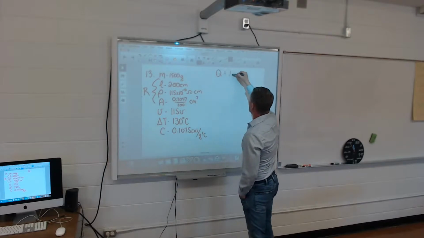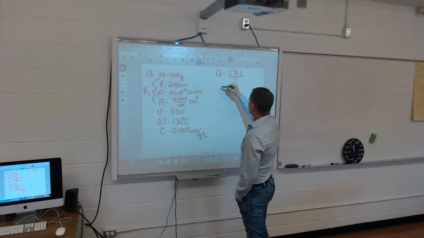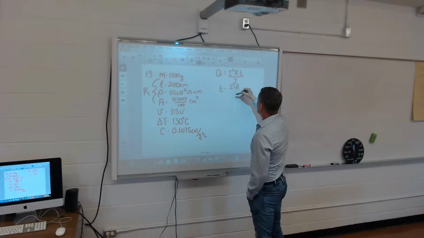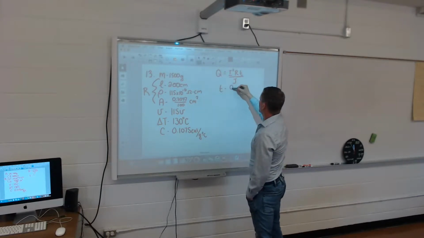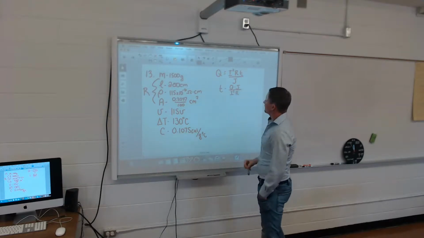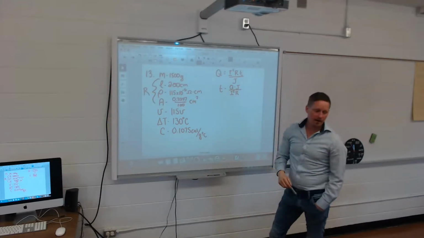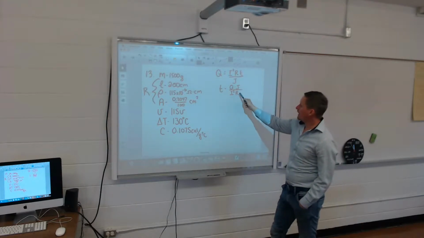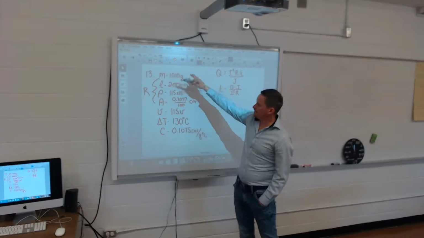I have Q equals I squared RT over J. So my time is equal to Q times J over I squared R. Looking at the board right now, I need an I, an R, and a Q from this information.